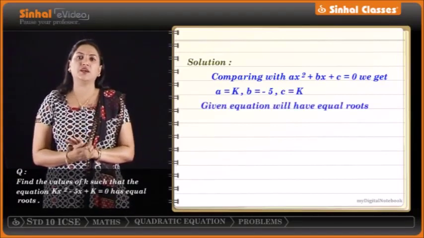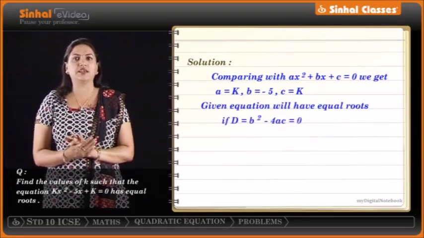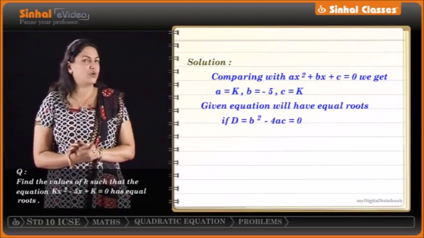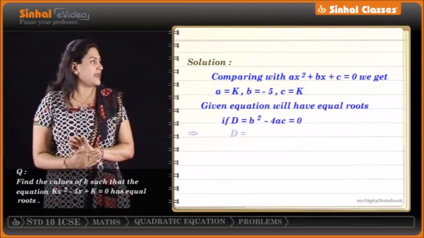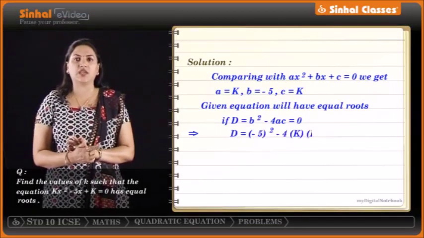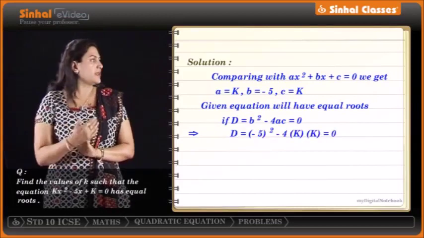When will the roots be equal? If b square minus 4ac is equal to 0. So we find b square minus 4ac as minus 5 the whole square minus 4 into k into k, equated to 0.